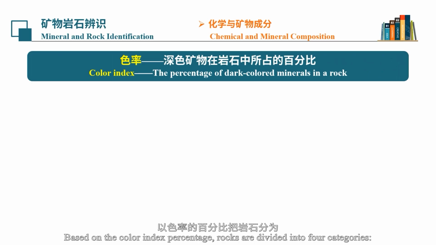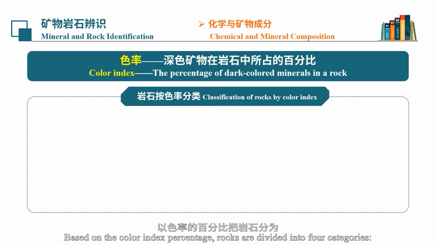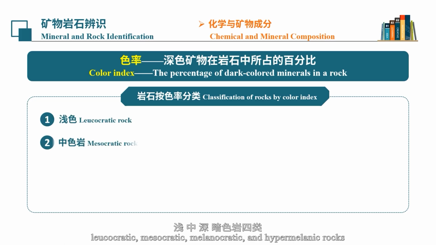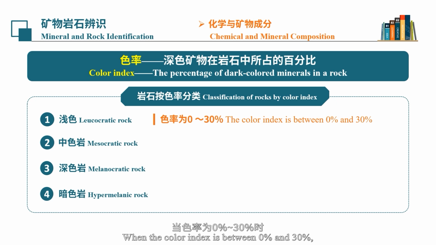Based on the color index percentage, rocks are divided into 4 categories: leucocratic, mesocratic, melanocratic, and hypermelanic rocks. The specific classification is shown in the figure. When the color index is between 0% and 30%, it is a leucocratic rock.